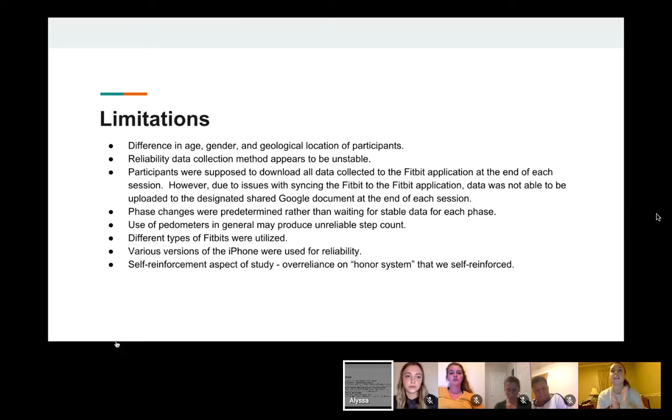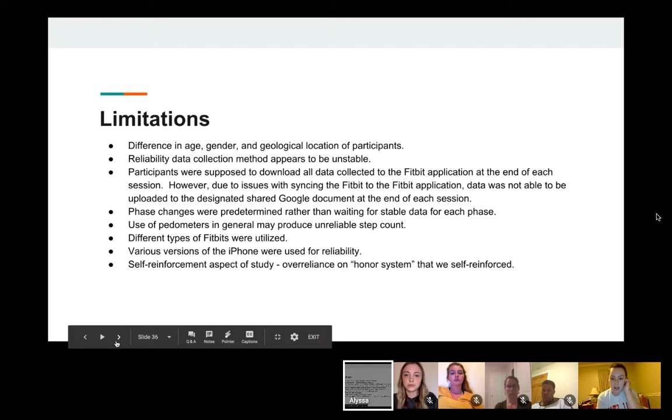In the original study, they had 5 sessions of baseline, 5 sessions of intervention, and then 5 and 5 again. We copied that exact same method per the professor's request, so we didn't wait for stable data. We just switched after 5 sessions.